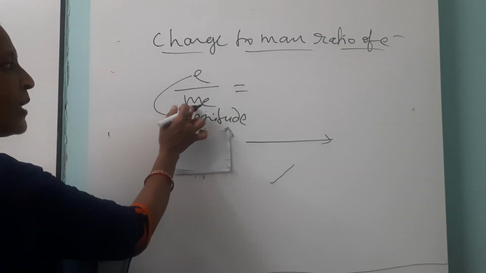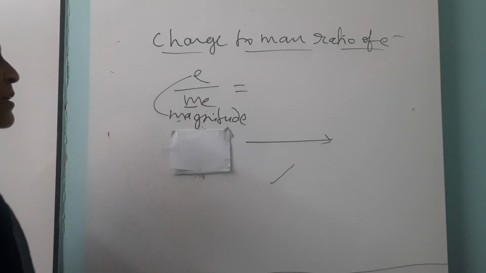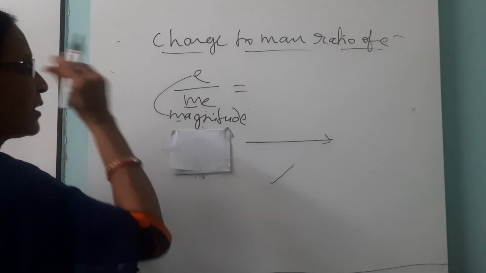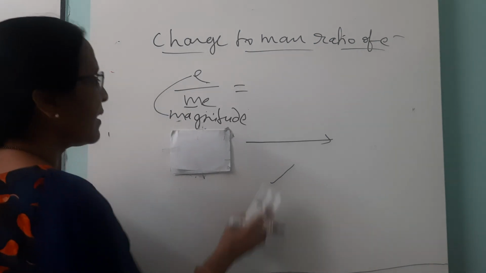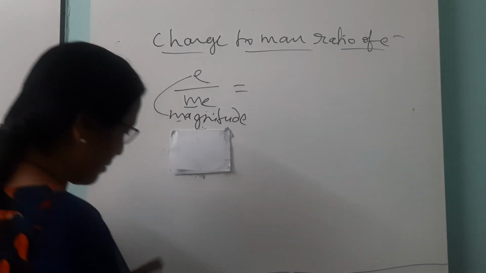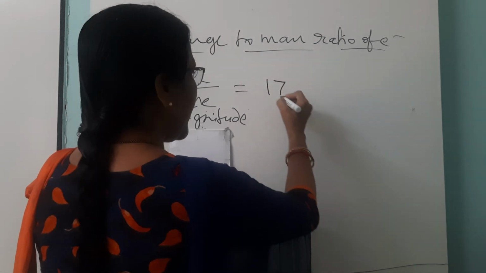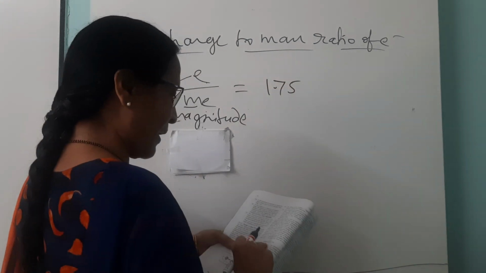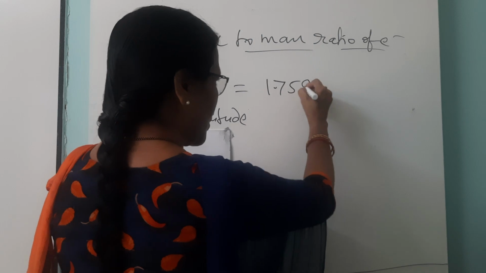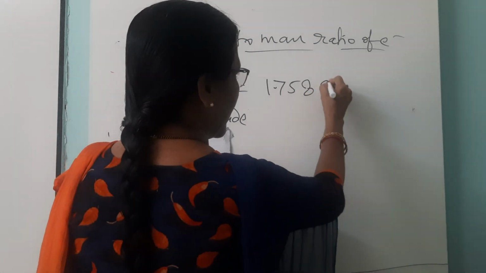So e upon m_e, where m is the mass of the electron. This value is very important and you have to remember it, because in our JEE or NEET examination you require this value many times for your calculation.